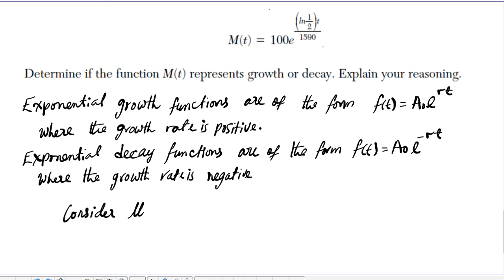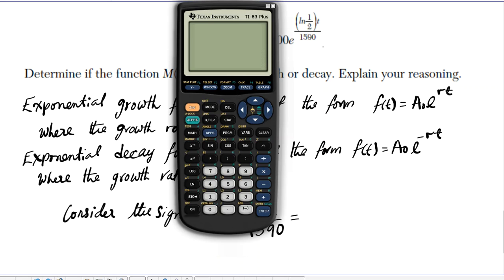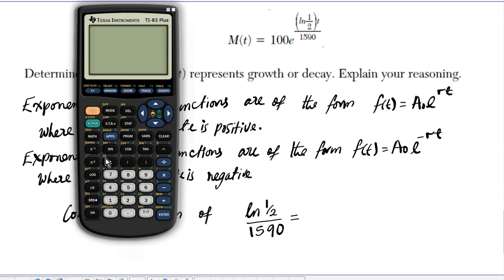So we consider the sign of ln 1 half over 1590. What is this equal to? We're going to input that into our calculators and just look at what the sign is.